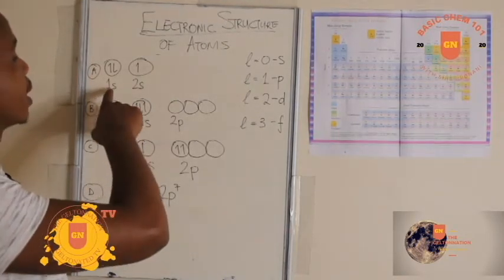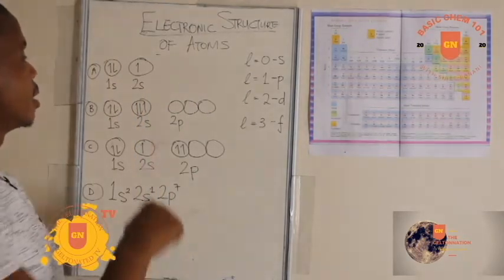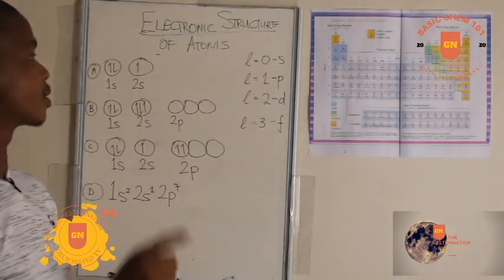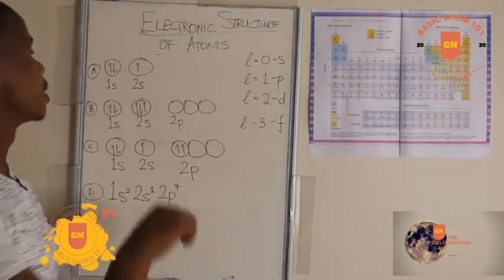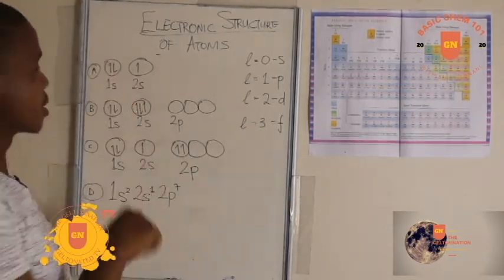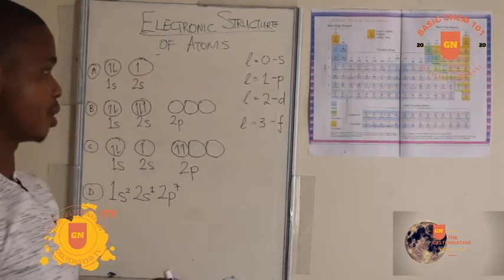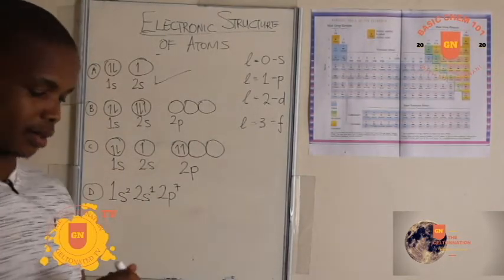So if you have 1s, you have 2 electrons, and you have 2s, you have 1 electron. According to Pauli's exclusion principle, here the spins are not the same. Here you have 1 electron. So this one is correct.